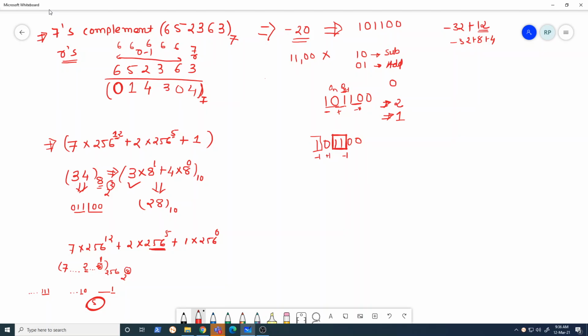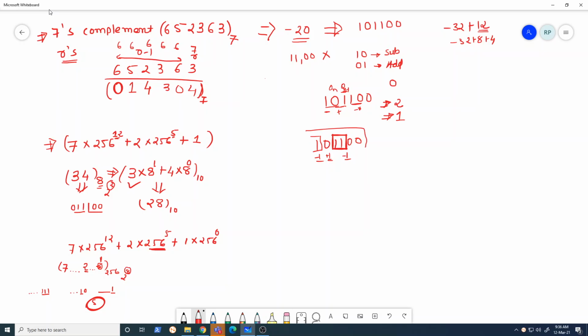Starting indicates minus, and there is no ending, it's an open-ended block, so no plus sign here. This way also you can directly interpret that this is minus 1, plus 1 and minus 1. So it means 2 subtraction operations and 1 addition.